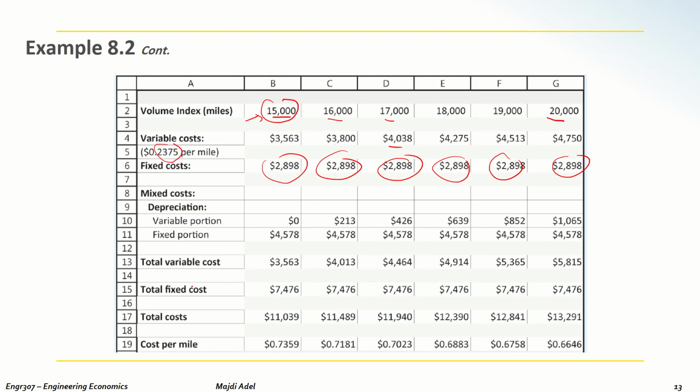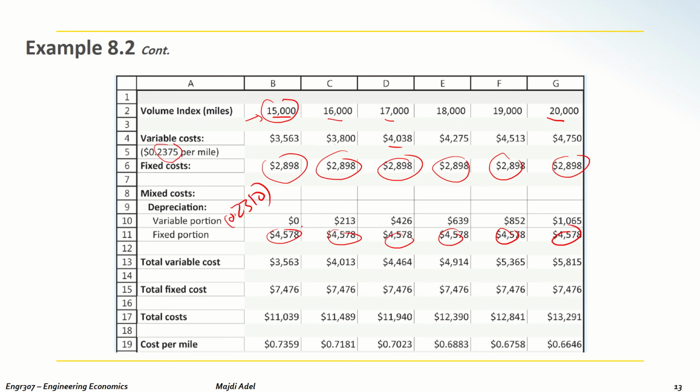Now we come to depreciation. For depreciation, the fixed part is constant for the first 15,000 miles. Any mile more than the 15,000 will cost $0.2310.